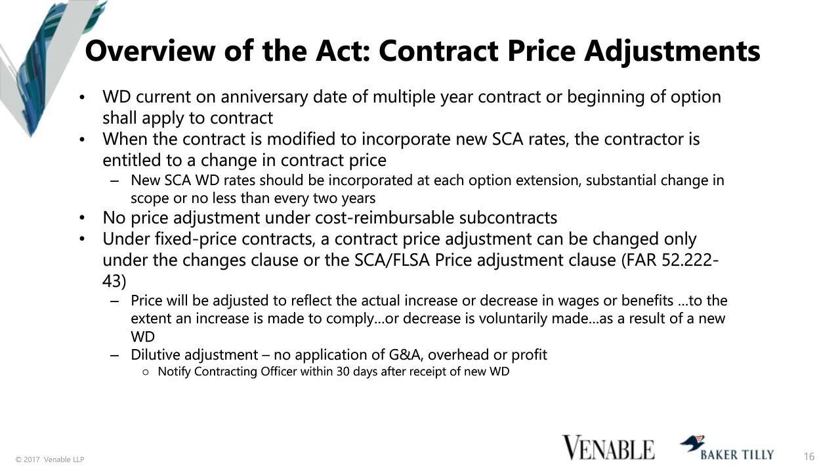So the idea here is that when you are required to increase your payment to your employees as a result of a new wage determination, you shouldn't benefit from that as a contractor. That's why these other items are excluded. It's really just to make sure that your true cost is compensated. So essentially a pass-through to the employees here.